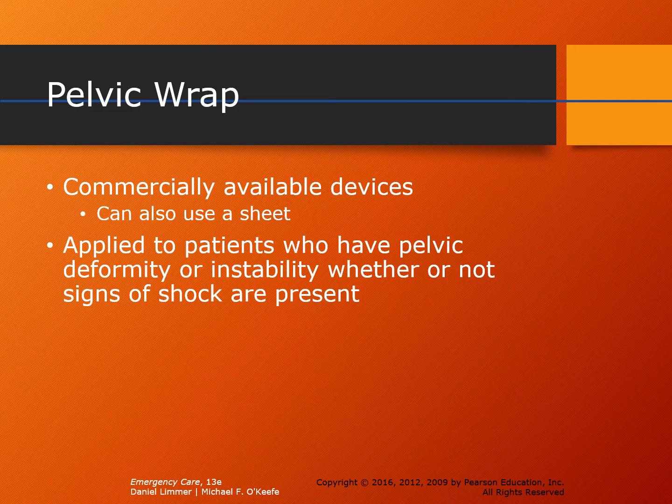We have a treatment modality known as a pelvic wrap, where we utilize a backboard and a towel or blanket to effectively secure them to that backboard. We can use the commercially available devices, and you'll find that there are some departments and some agencies that actually recommend utilizing a KED or Kendrick extrication device in the inverse direction.